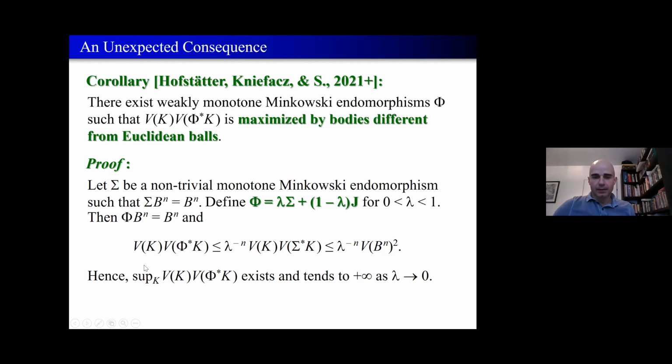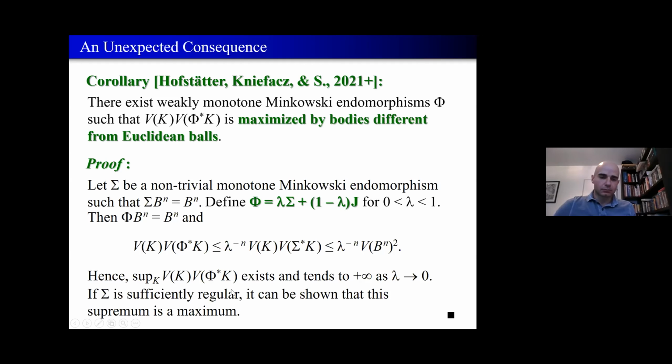So this supremum can be as large as we want by letting lambda be smaller and smaller. All right. So we know that the supremum exists and can be arbitrarily large. So in order to prove our corollary, what remains is to show that this supremum is actually attained and is a maximum. And for this, we need a little bit extra regularity for the sigma.